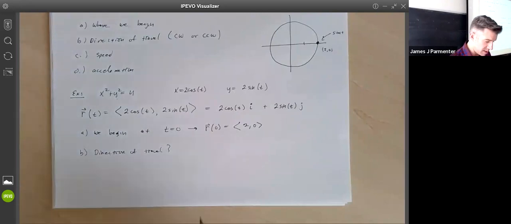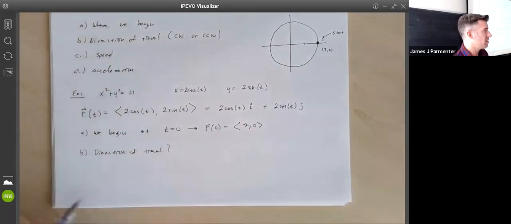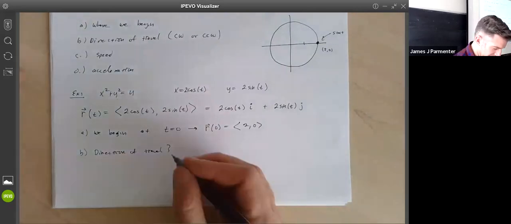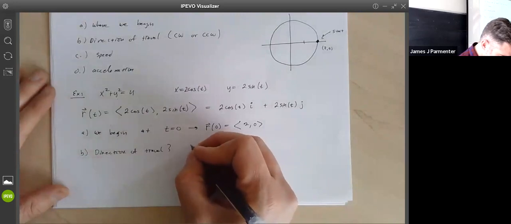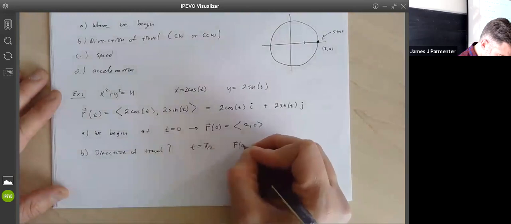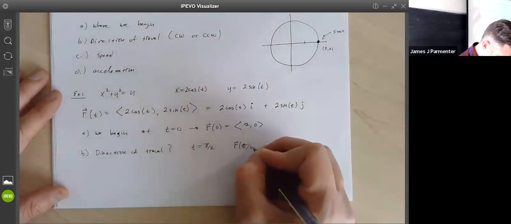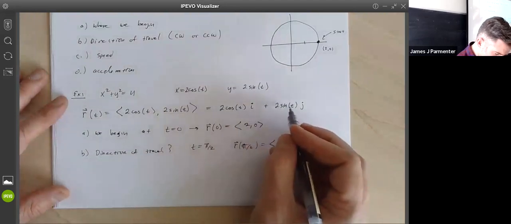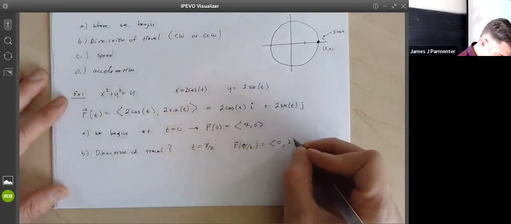So I would just pick the next easy value of t to plug in. You could pick either pi over 6 or pi over 4 or pi over 2, whatever makes the most sense for you. I'm going to pick pi over 2. So if I pick pi over 2, I get 2 cosine of pi over 2 and 2 sine of pi over 2, which is 2.